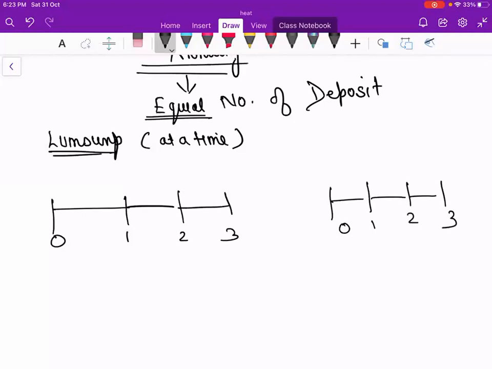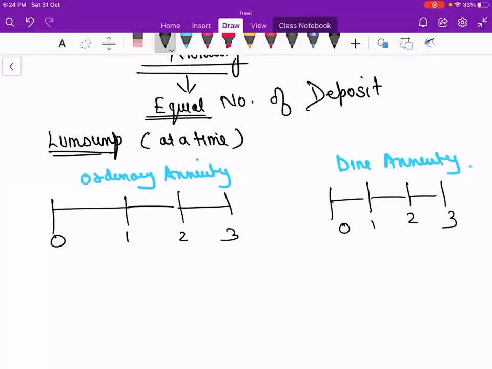You have two options actually. This one is known as ordinary annuity, and this one is known as annuity due. There is a difference between them, but we mostly use ordinary annuity.